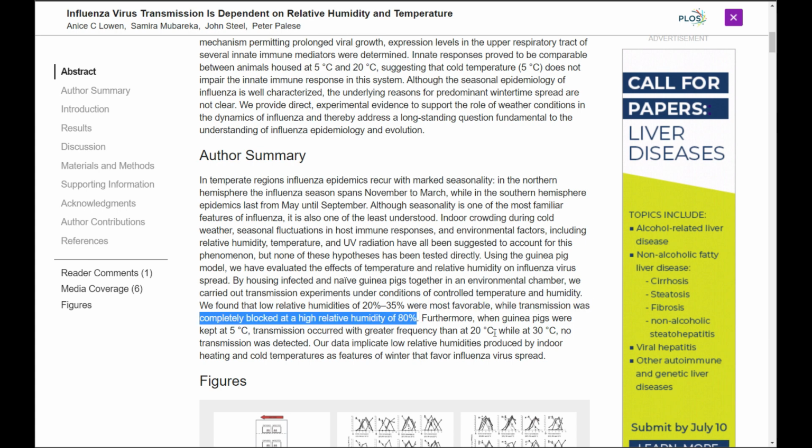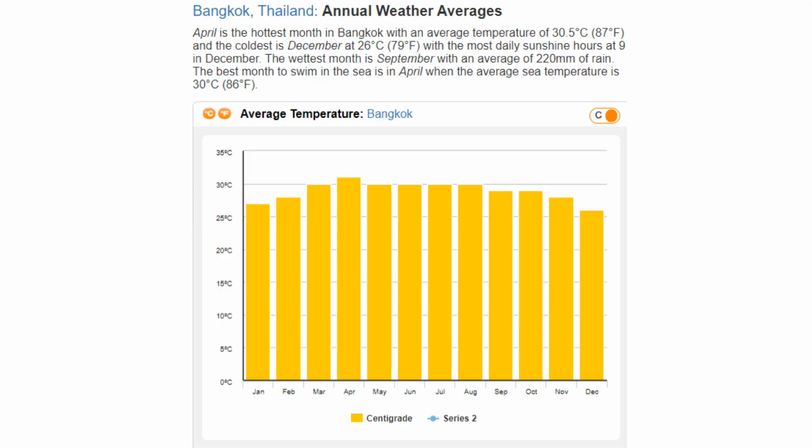And at 30 degrees C, which is a common temperature in both Thailand and the Philippines, no virus transmission was detected.